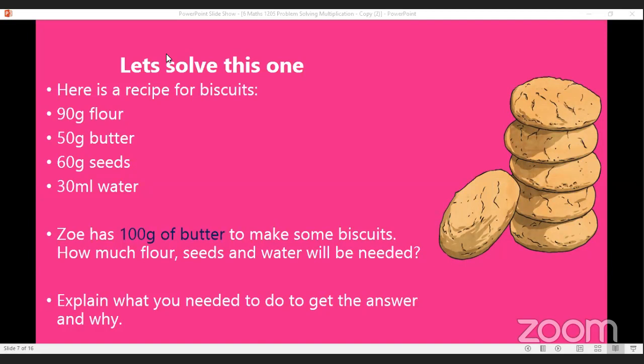Exactly. And what about the water? She'll need 60 millimeters. So because one of the ingredients is doubled, we have to double all. And if one of the ingredients was tripled, we're supposed to triple all the ingredients. So that is how we do it.